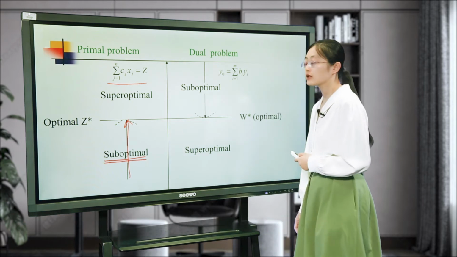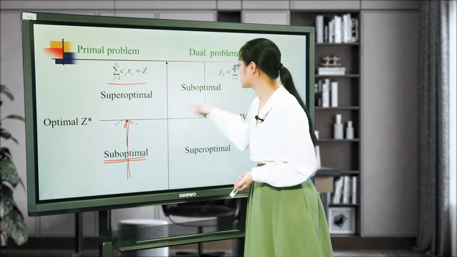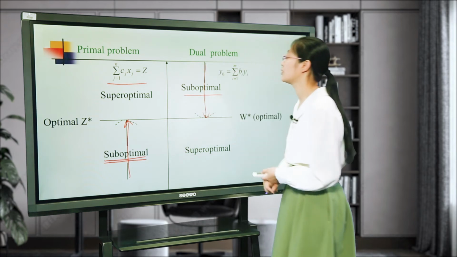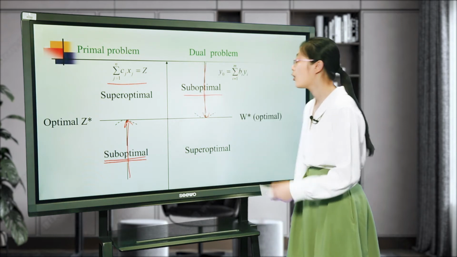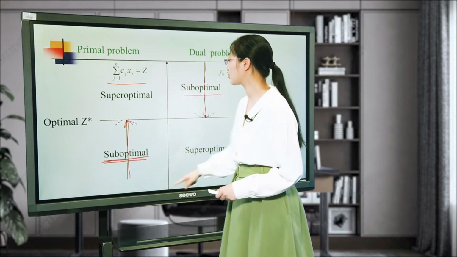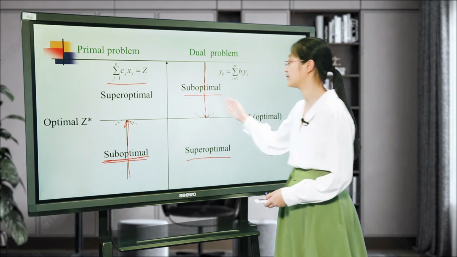And in correspondence, the dual problem will have a superoptimal solution, and we can apply some method to approach the optimal solution. So the suboptimal solution for a primal problem corresponds to a superoptimal solution in the dual problem, and vice versa.